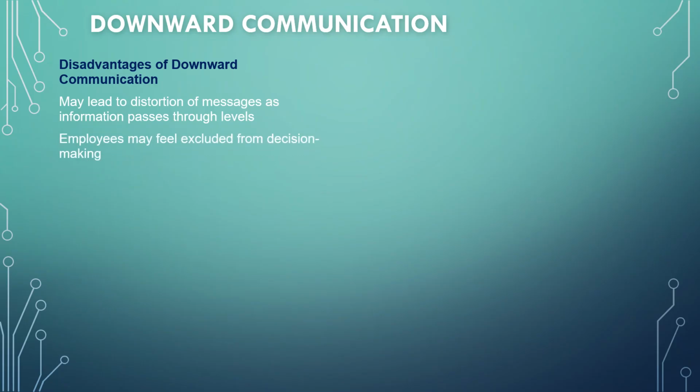Another disadvantage is that employees may feel excluded from decision making, which is also a serious issue in an organization. Sometimes when the employees who are actually implementing, who are doing the actual work on the ground, feel excluded from decision making, sometimes they may not really do things out of love and commitment.